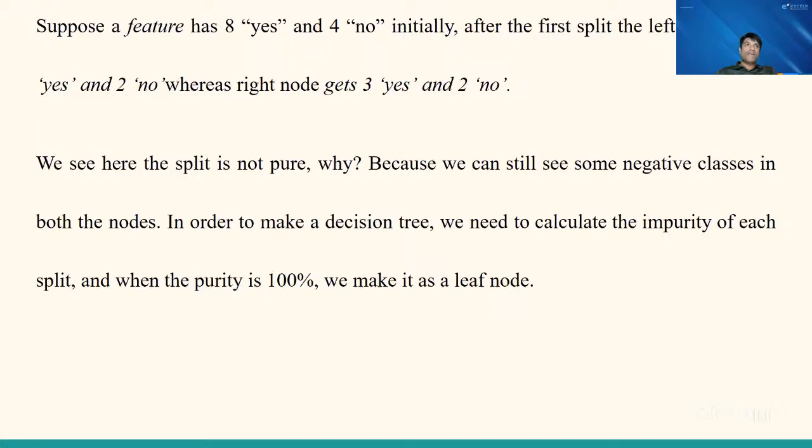Since we have negative cases in both scenarios, it is still difficult for us, and that is why we need to calculate the impurity in the data. If the purity is 100% or very high, it is easy to split the node.